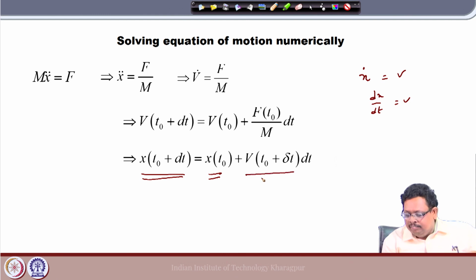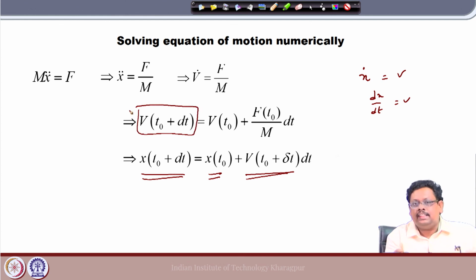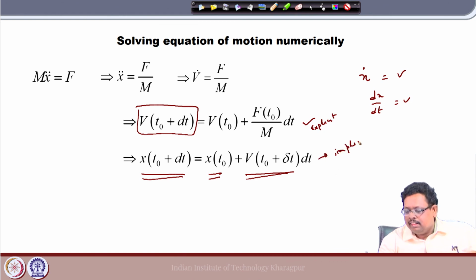Now I can make an improvement: since I have already found the velocity at the next time step, I use the velocity of the next time step. You can call the first scheme explicit and this one implicit, because in the first I use the slope at the present time step to calculate both the velocity and the displacement.